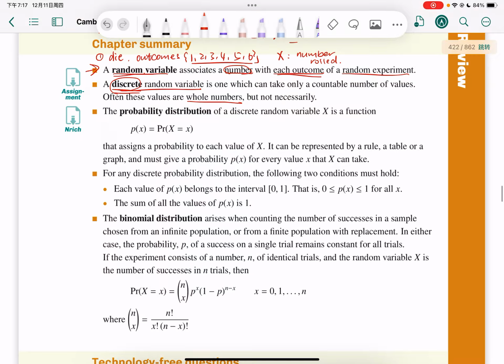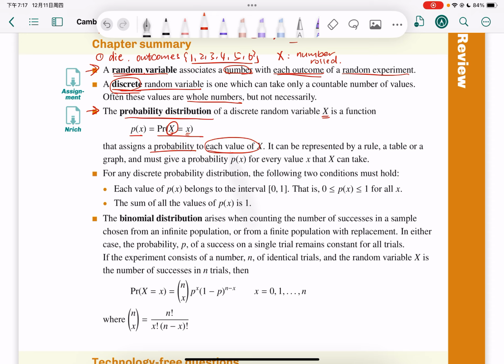Then the probability distribution. The probability distribution of a discrete random variable X is a function p(x) equal to the probability that the random variable, the big X, is equal to a specific number, that assigns a probability to each value of x.